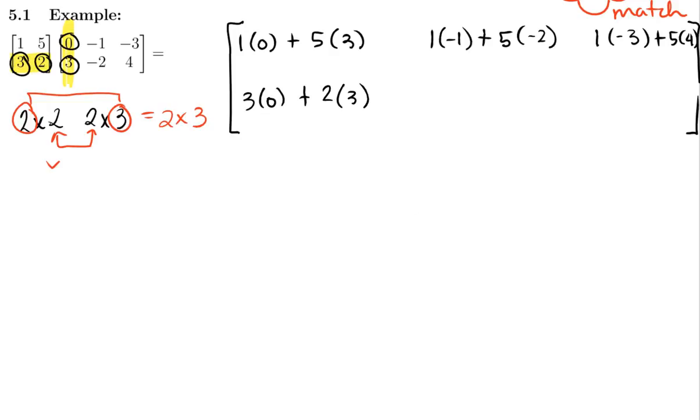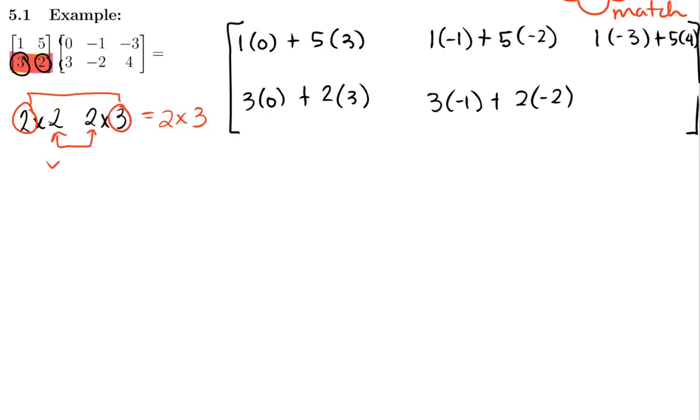If we move on to the next column, so now we're looking at row 2, column 2, we will have 3 times -1 plus 2 times -2.